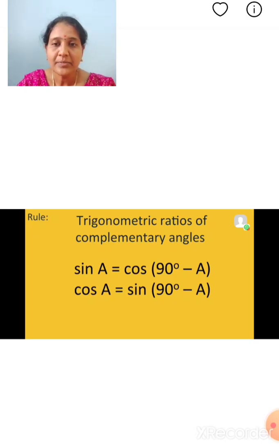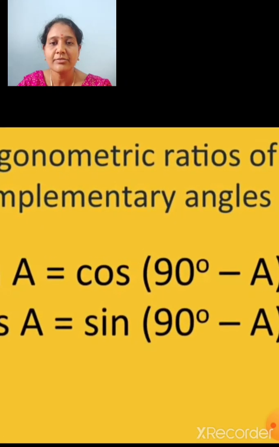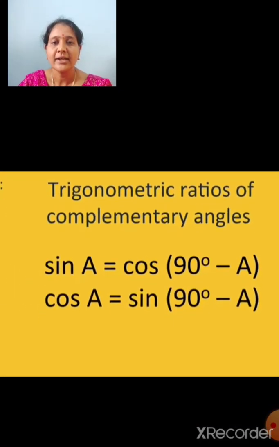So for the first one, sin A is equal to cos of 90 minus A. In the RHS, when the 90 comes, the cos will change to sin. In the second equation, sin of 90 minus A, whenever the 90 is there, the sin will change to cos. So the overall conclusion is the complementary angle of sin is cos and the complementary angle of cos is sin. It can be learned as sin of 90 minus A is equal to cos A, or cos of 90 minus A is equal to sin A.